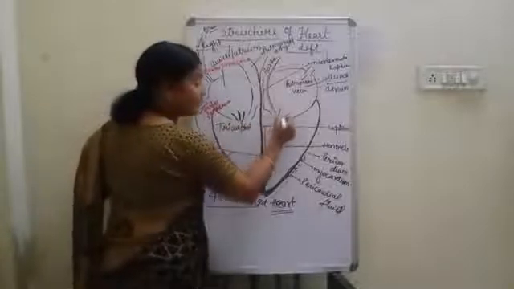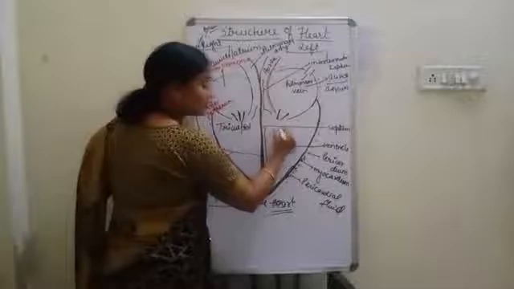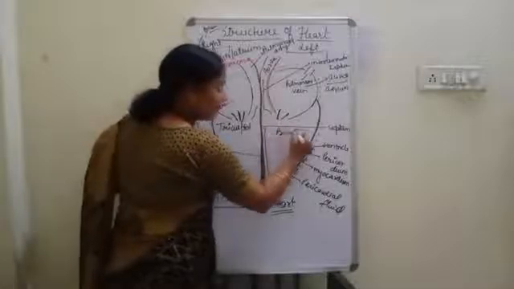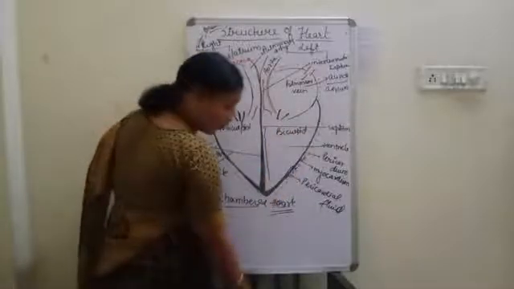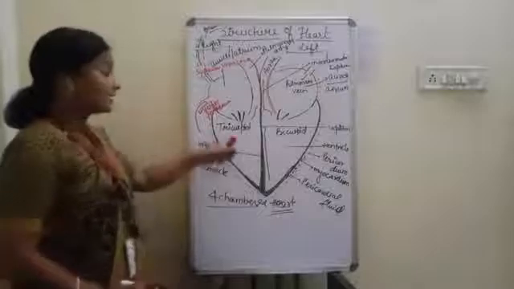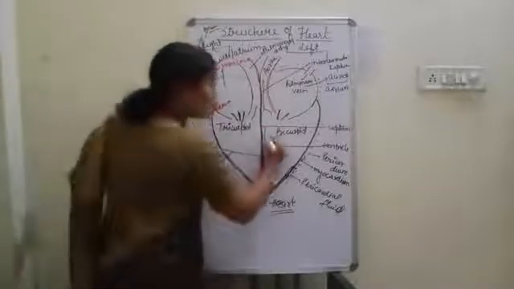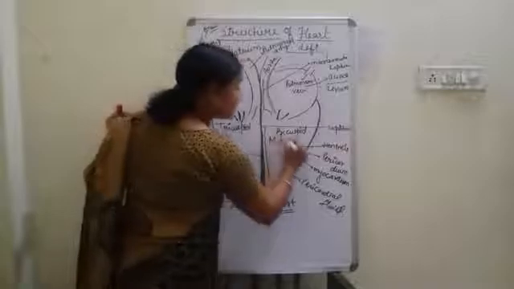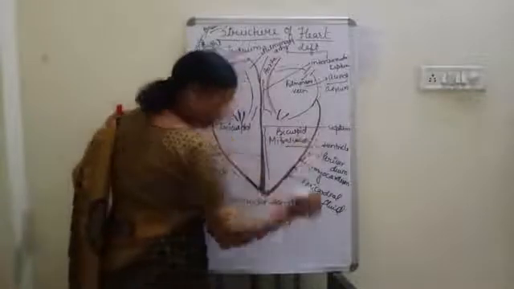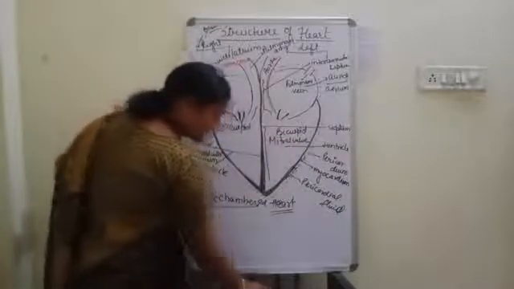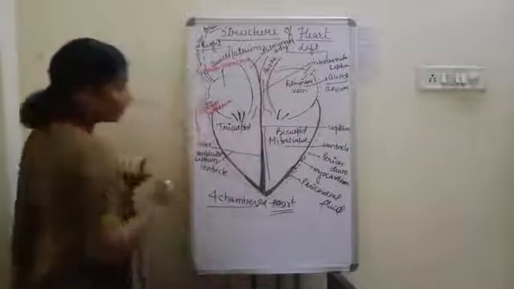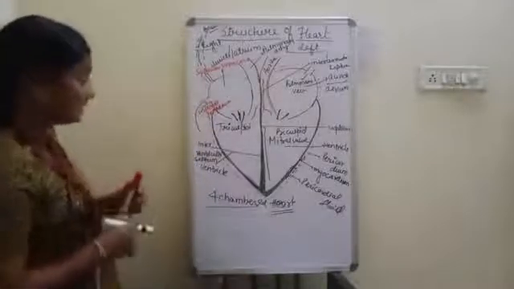And here I have drawn two, so this is called the bicuspid valve. Okay, and now bicuspids are also called the mitral valve. So on the left side there is a mitral valve.